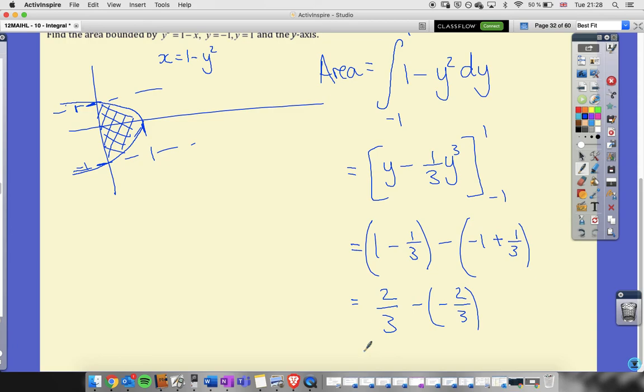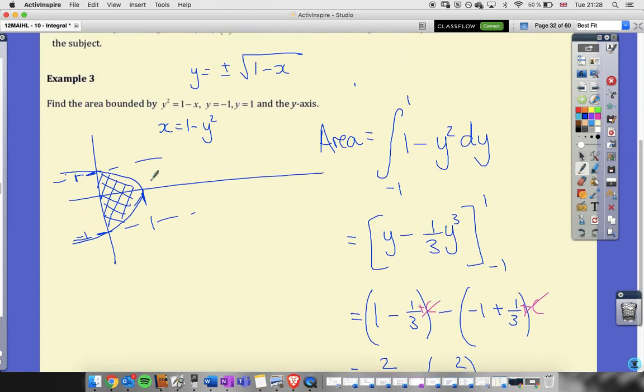I get 4/3. Notice I haven't bothered writing the plus c's in here. And you remember the reason why is that we'll have c minus c, so they are just going to cancel out. Okay, very similar to what we were doing yesterday. We're just looking at it from kind of a different angle.